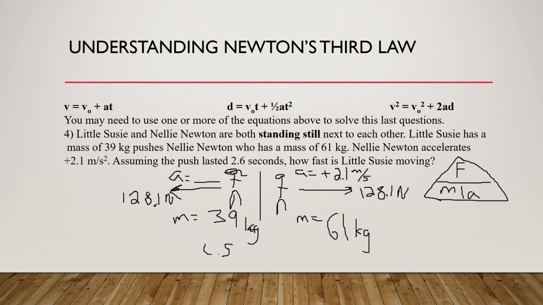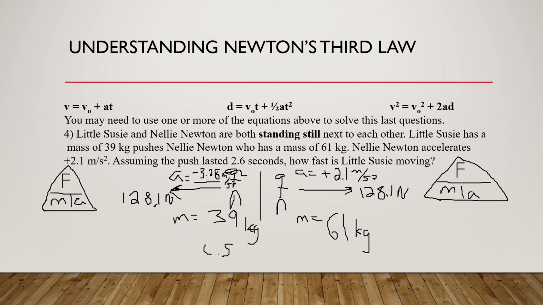So to get the acceleration, I'm going to FMA that again. All right, F, M, A. Okay. So I'm going to do 128.1 divided by 39, and I'm going to get an acceleration of negative, why is it negative? Because it's going to the left, 3.28 meters per second squared.